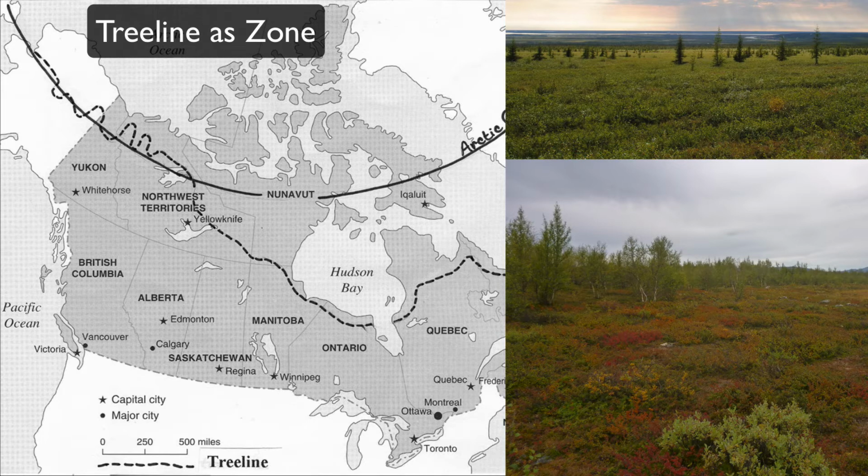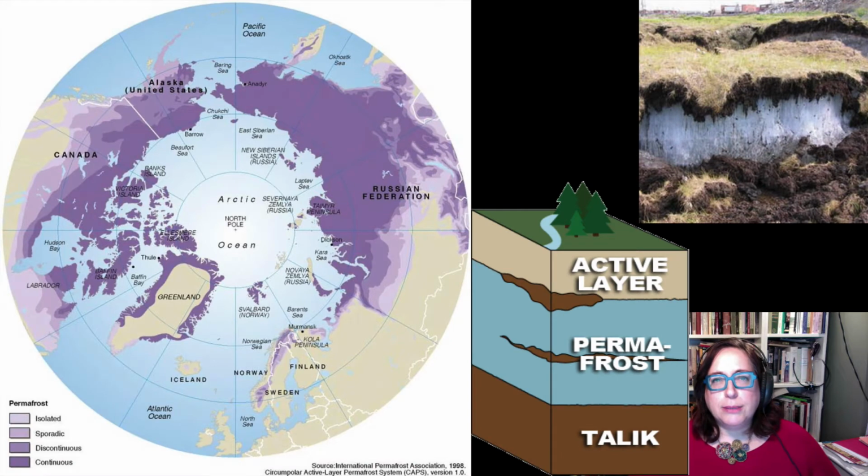So underneath the tree line and also underneath most of the tundra is permafrost, which we talked about last week. And this is permanently frozen soil, sediment, or rock. And its classification is based solely on temperature, not on moisture or ground cover. So the ground must remain at or below 0 degrees Celsius for at least 2 years for it to be considered permafrost.